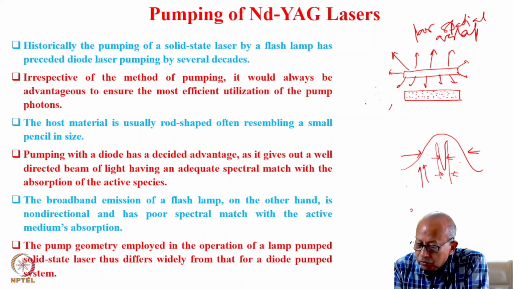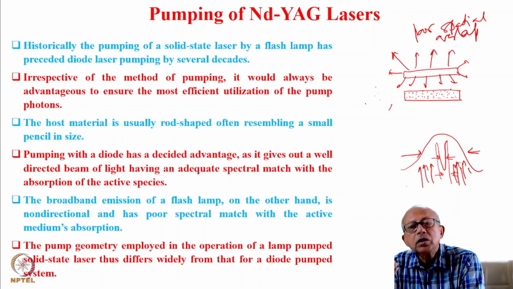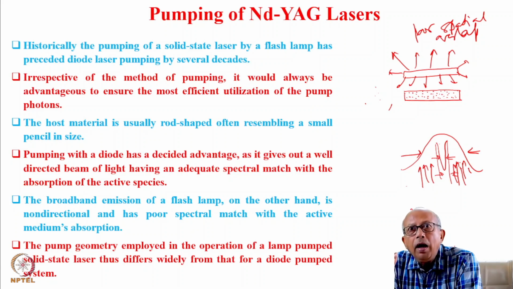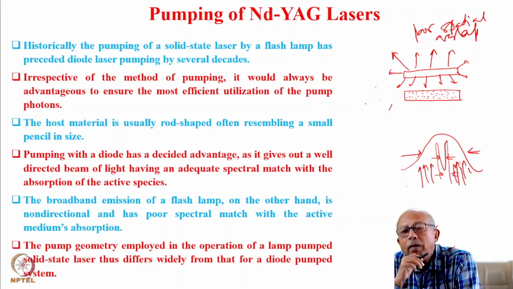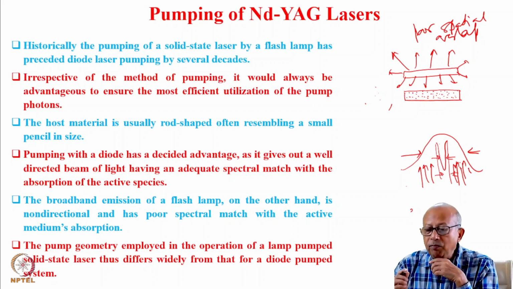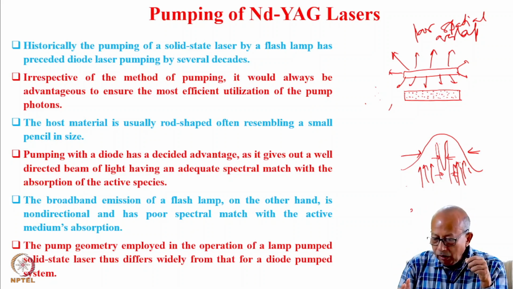The majority of the photons which lie outside this absorption domain will just escape unabsorbed. Therefore, when a solid-state laser is pumped by a flash lamp, the pumping will be much less efficient. Utilization of photons will be much less efficient as compared to pumping with a diode laser.